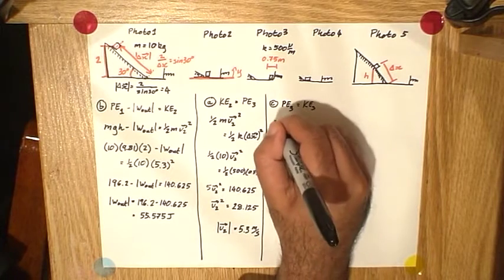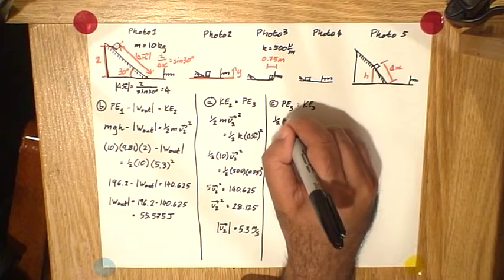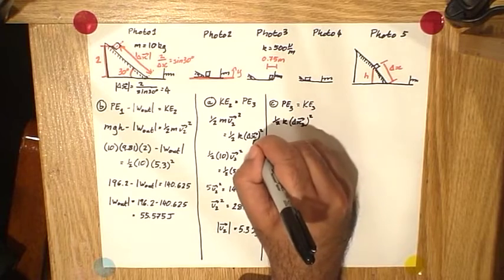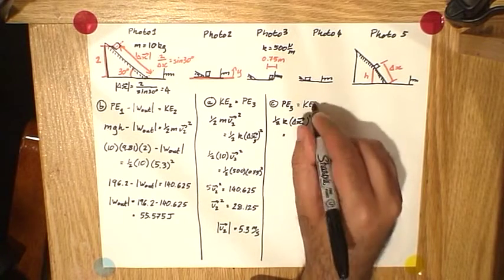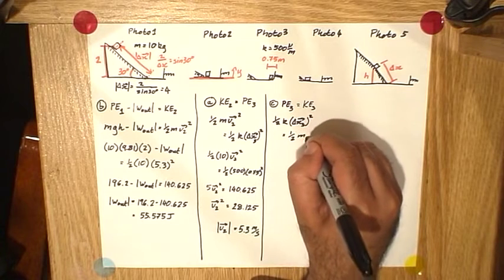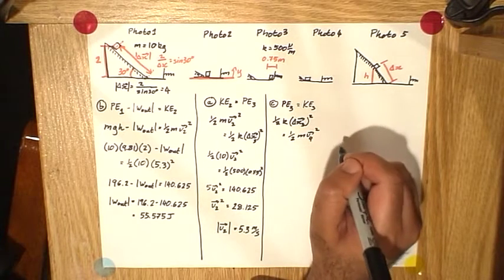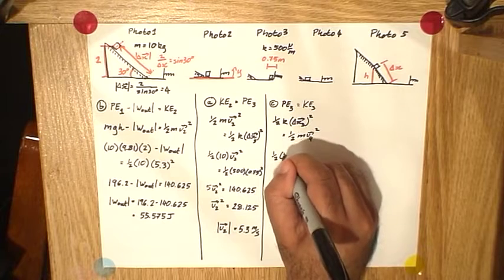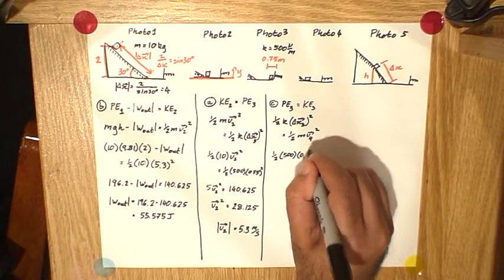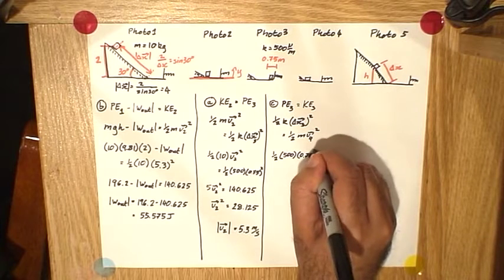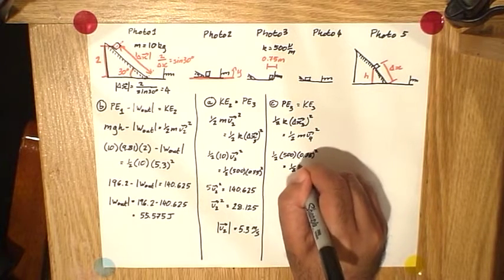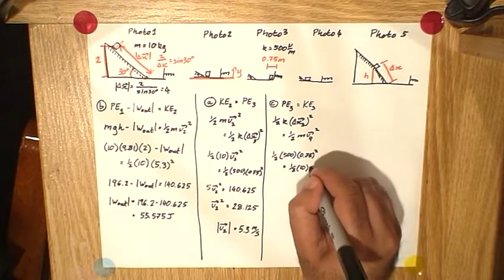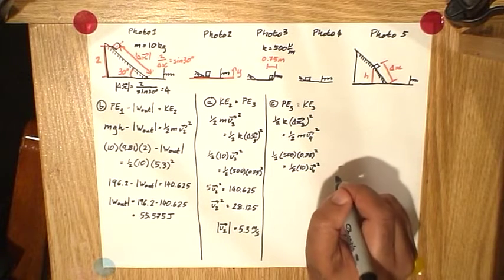So let's expand this out. 1/2 times k times delta x3 squared is equal to KE3, is 1/2 times mass times the velocity at 4 squared. Now let's substitute in everything we know. 1/2 times K is 500 times its original compression in photo 3 was 0.75 squared is equal to 1/2 times mass 10 times velocity at photo 4, which is the unknown, squared.